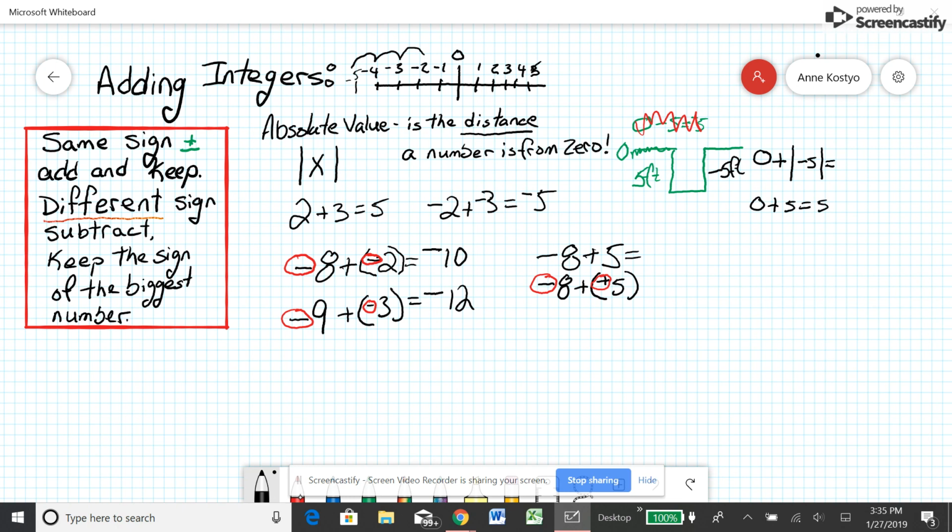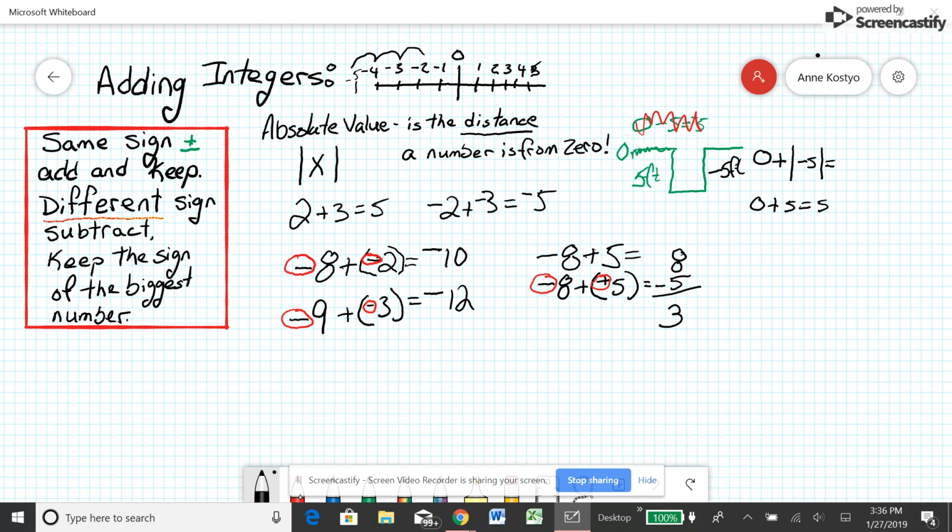Okay, let's go back to our rhyme again, and we see we have a different sign. It says to subtract. So I am going to subtract. 8 is the bigger number, so that goes on the top. And I am going to subtract 5, and I will get 3. But there's a second part to this.